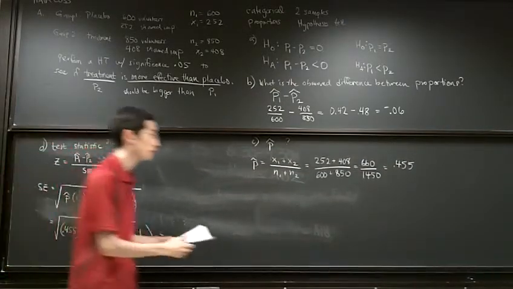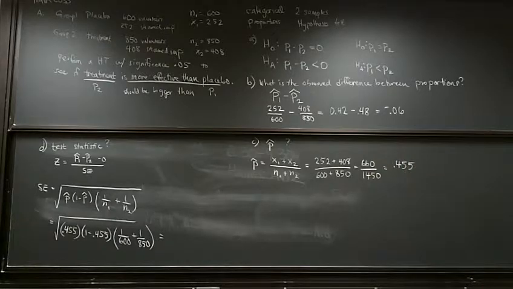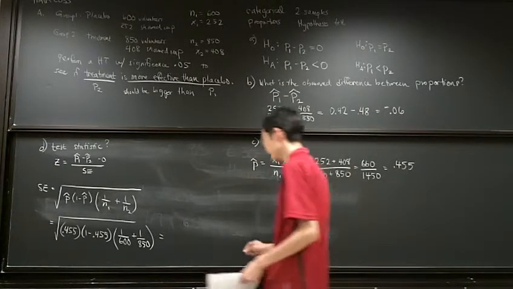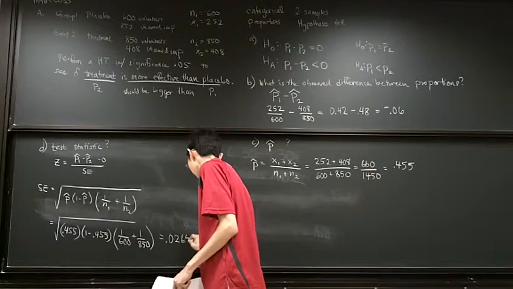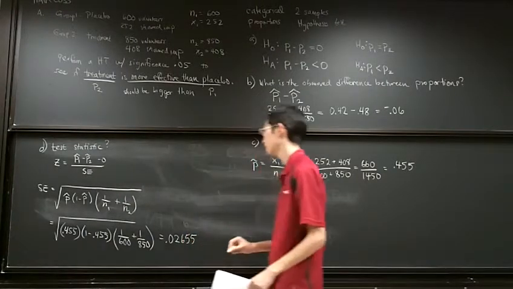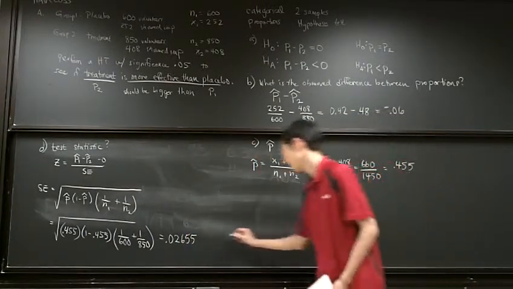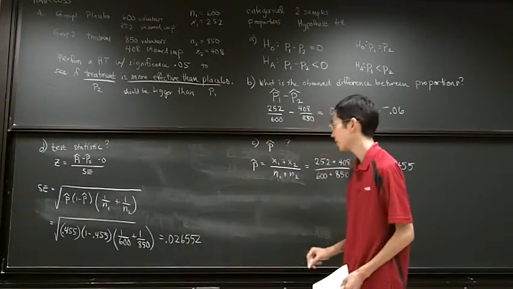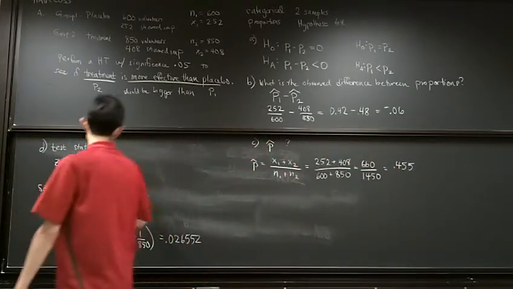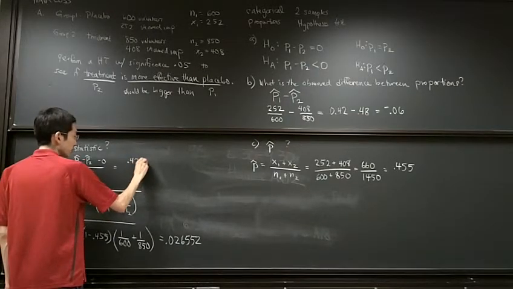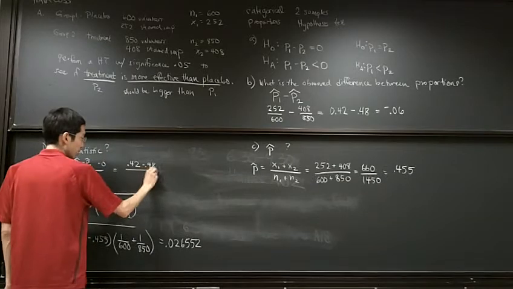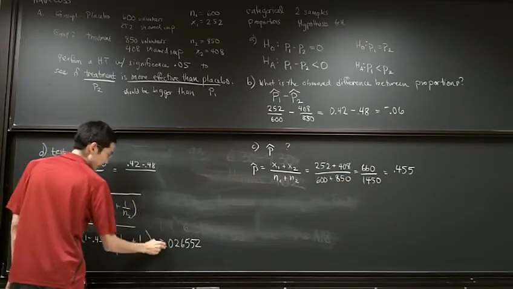Okay, so I do this on my calculator. It's 0.0265. Alright, I'm going to take your word for that. 0.026 what? 2655? 552? Sure, alright. Great. And so z over here is going to be 0.42 minus 0.48 divided by this number.